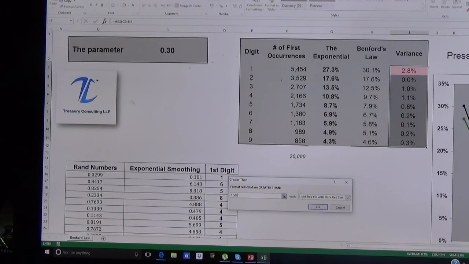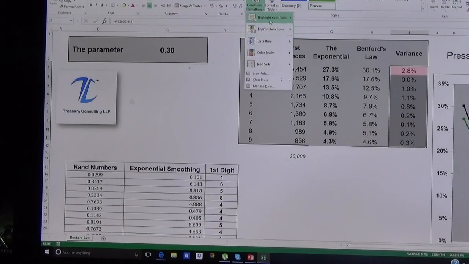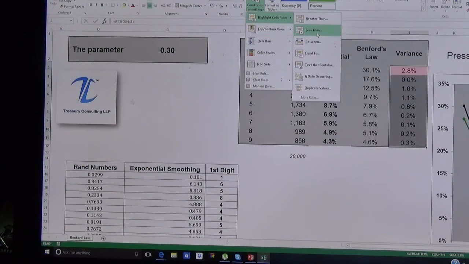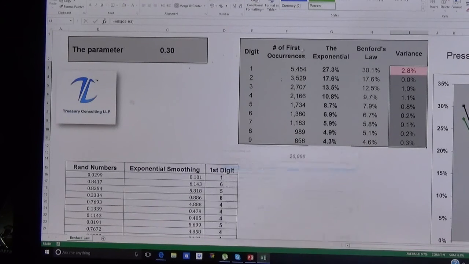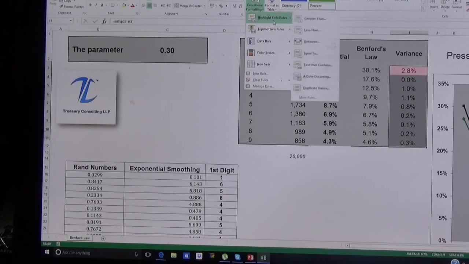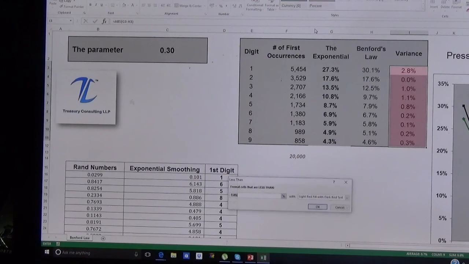Then you will set it. You will put again a rule here. Here you will say greater than 1.5%. Let me have more rules. You will say less than 1% as well.